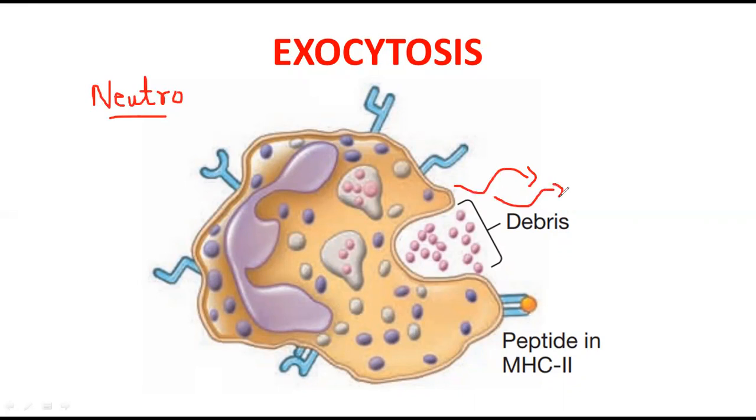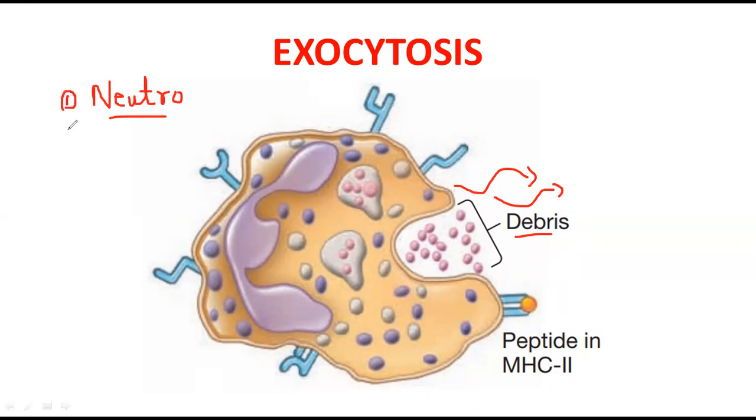The debris of the microorganisms is directly released to the bloodstream, the internal spaces, or the lymph nodes. So they are not such responsible immune cells, but they just destroy it and release the debris into the environment. This is just in the case of the neutrophils.